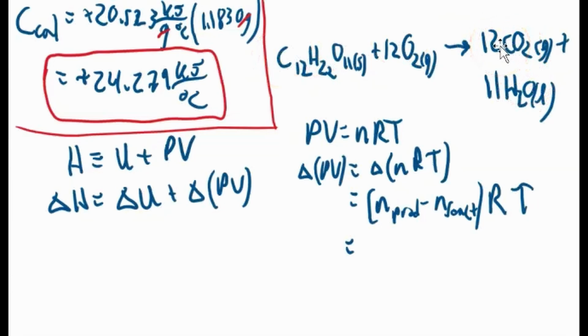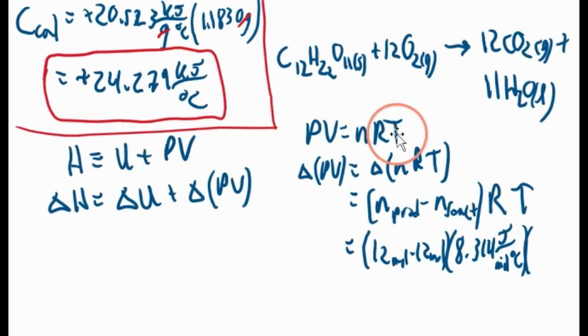We have 12 moles of gas that we're producing for every 12 moles of gas that react. So that's just 12 moles minus 12 moles. The gas constant is 8.314 joules per mole degrees Celsius. And the temperature, or Kelvin, we could put Kelvin here. Actually, we have to put Kelvin because this isn't a change in temperature.